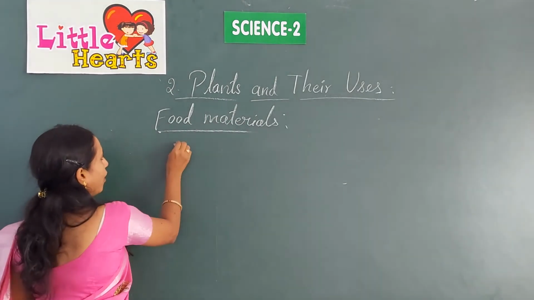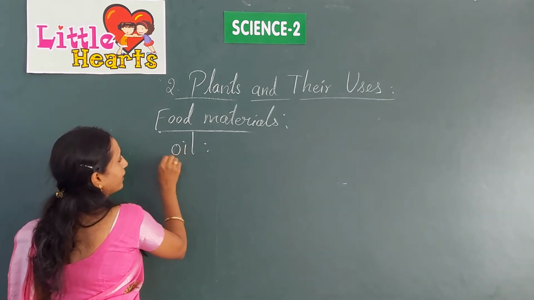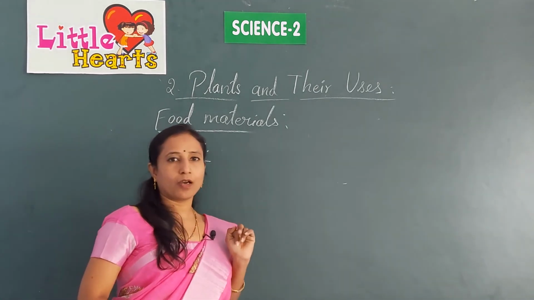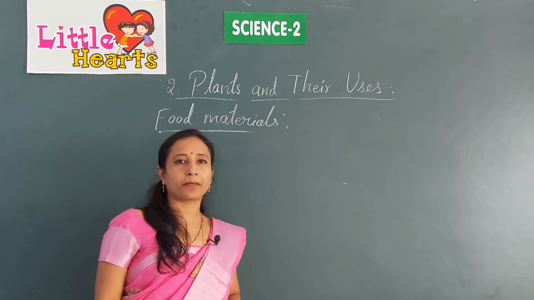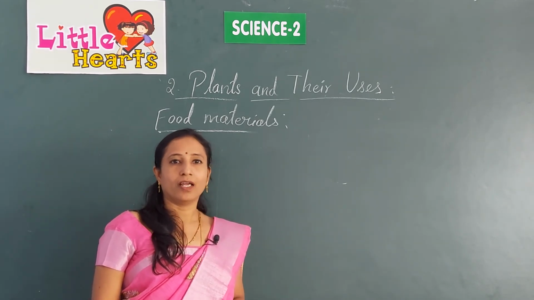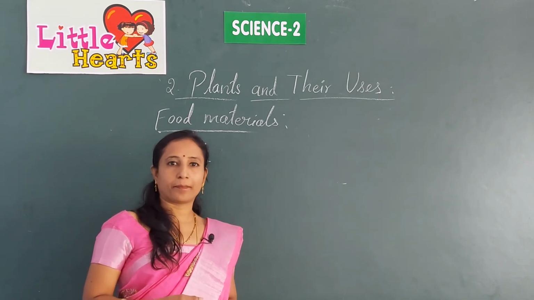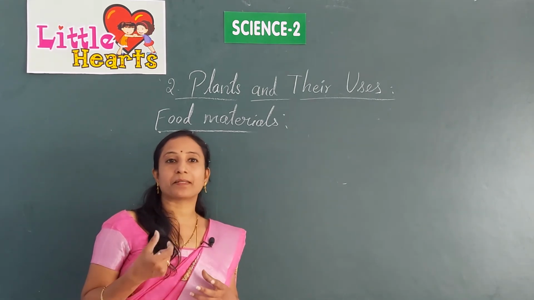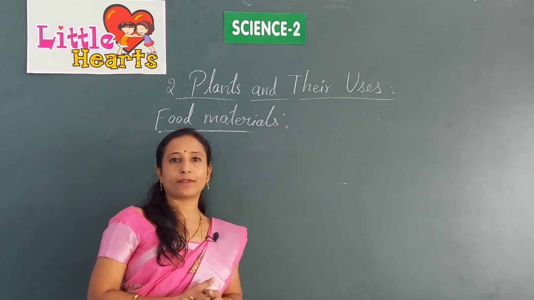Oils. When you think of oils, you will wonder how we get oils from plants. Do we get oils from plants directly? No. We get oils which are extracted from oil seeds. What is the meaning of extraction?